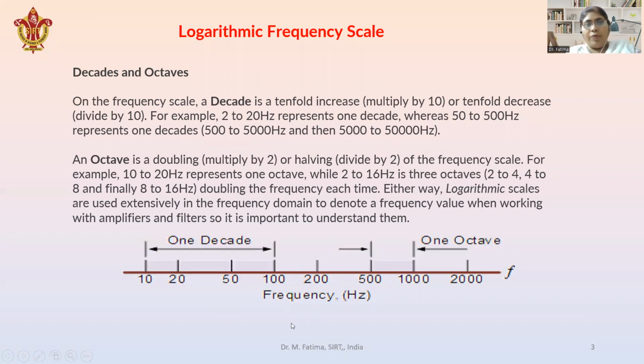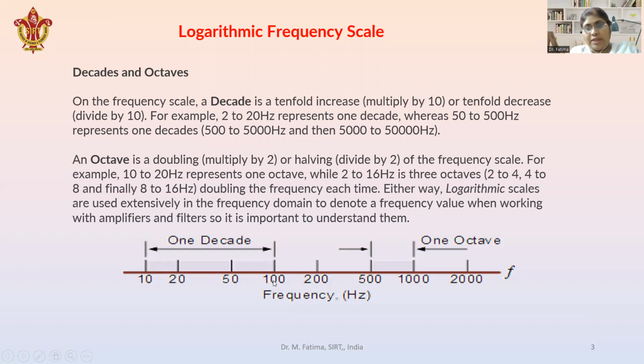Now, on the log scale, the decade and octave are also defined. On the frequency scale, what is a decade? A decade is a tenfold increase. Like you can see here, this value is 10. If this value is multiplied by 10, that is 10 multiplied by 10, it is equal to 100.